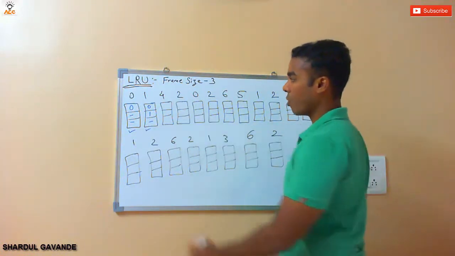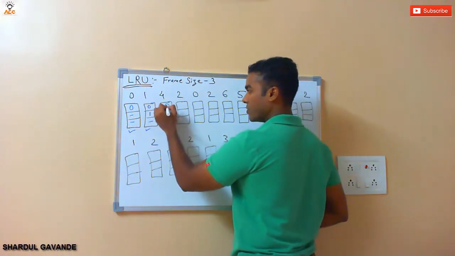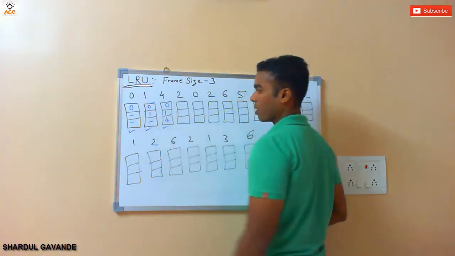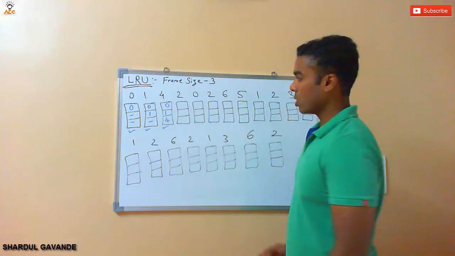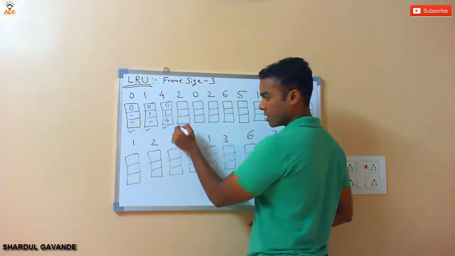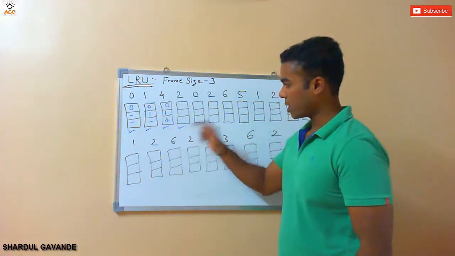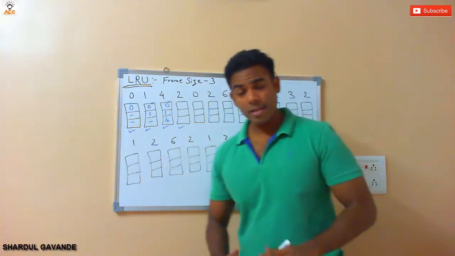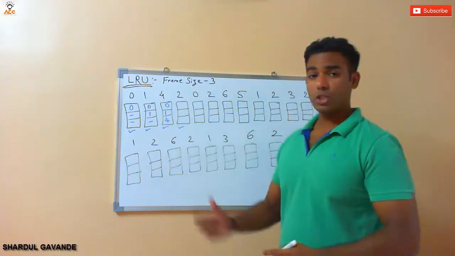Next we have 4. Again a page fault. So we have 0, 1 and 4. Next number is 2. Again a page fault because 2 is not present in our memory. Now the question arises, which page should be replaced?